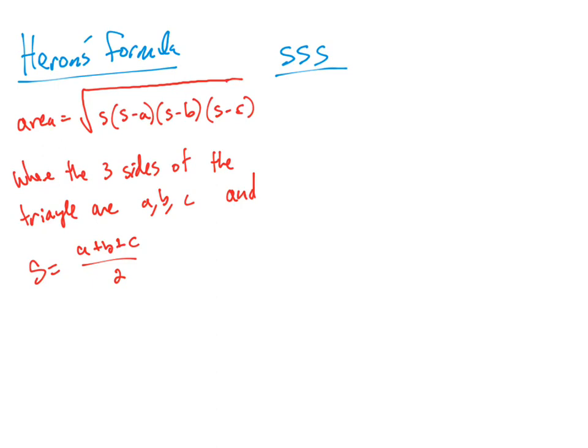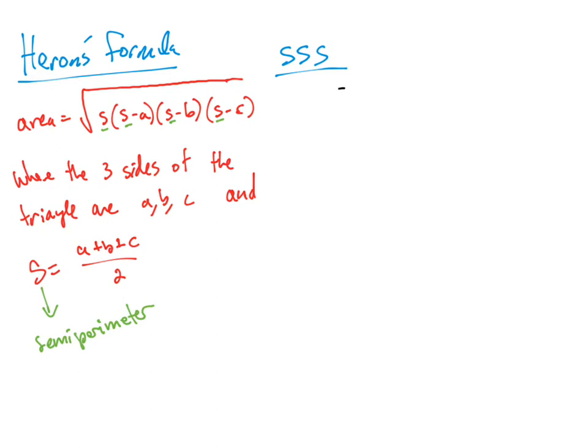So S here is called the semi-perimeter. That's how you spell perimeter. So we take half the perimeter, and that is the S value, and then we just plug it in.